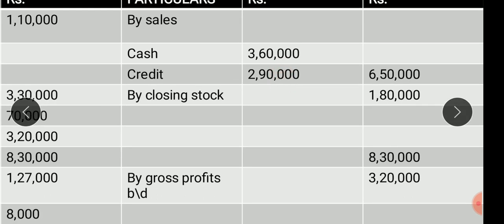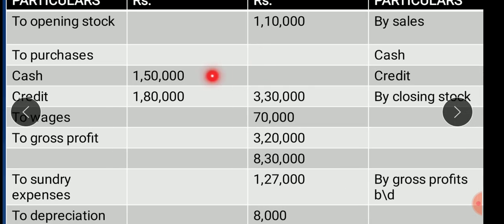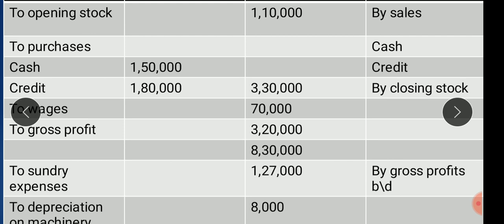So the lowest value is deducted from the highest value. The highest value 8,30,000, the lowest value on the debit side 5,10,000. 8,30,000 minus 5,10,000, so the remaining value is 3,20,000. This value is known as gross profit.